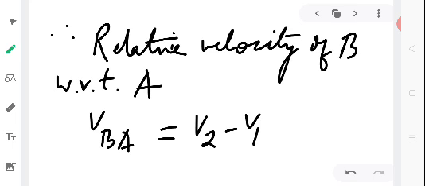That is, velocity of object B minus velocity of object A. Let us consider this as equation number 5.